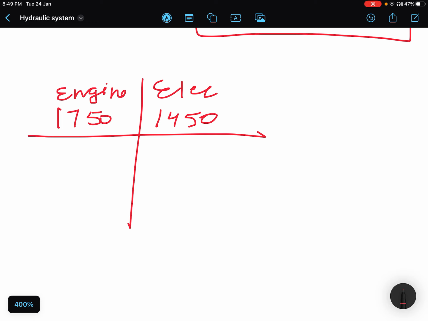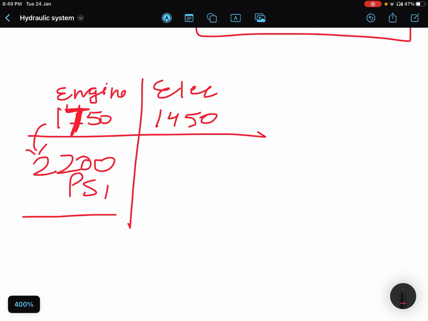When the pressure increases to 1750, right? Increases to 2200 psi, it becomes normal.